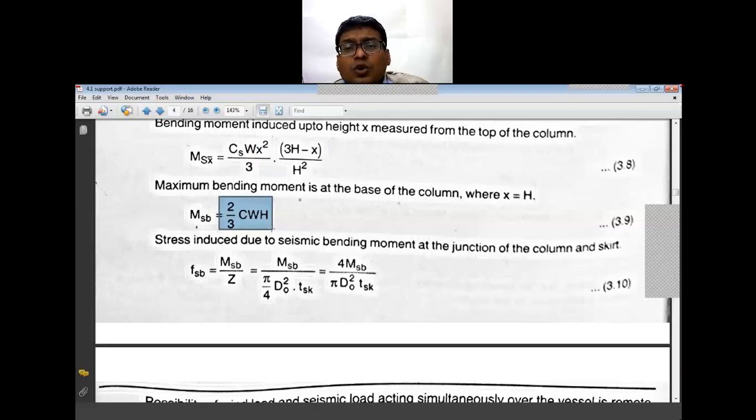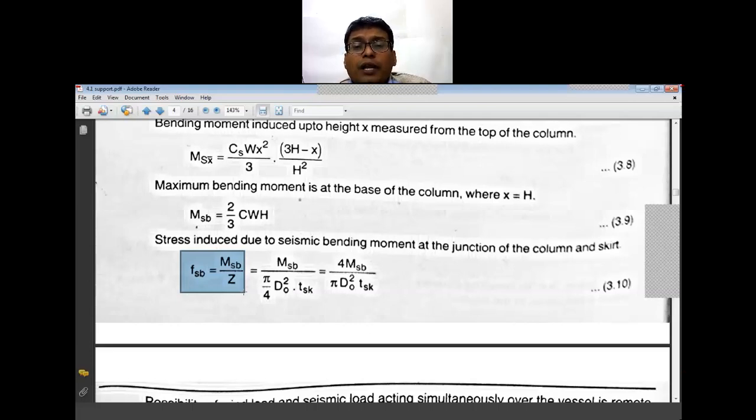So once the load and the bending moment are calculated, then the stresses will be calculated. The stresses because of the bending moment, that is FSB, which is equal to MSB, the bending moment because of the seismic load at the bottom, upon Z, the sectional modulus. Z is nothing but I upon y.